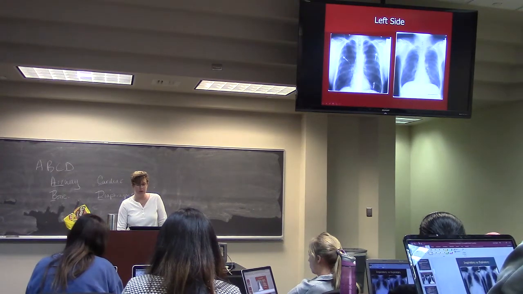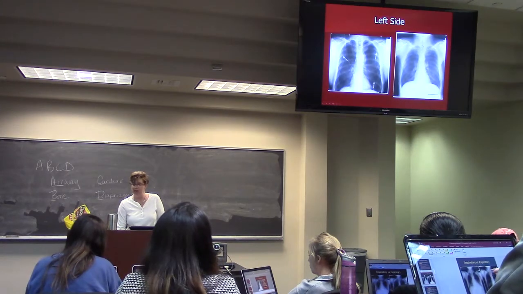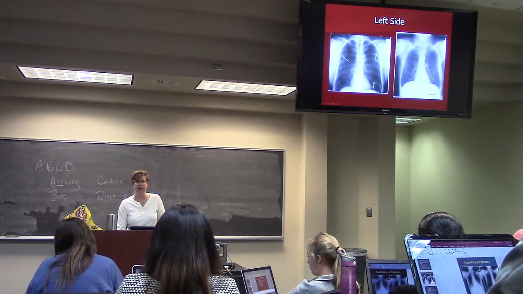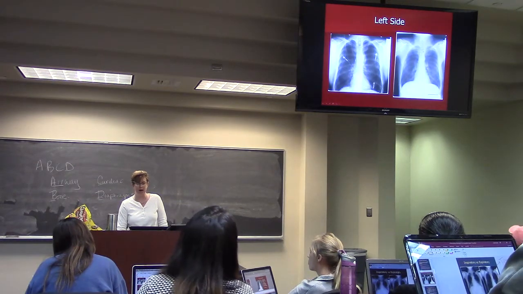And see, here's the trachea. See this black, okay? Or another term is more lucent. So when I use the term black, that's the trachea coming down. And see how that's midline.